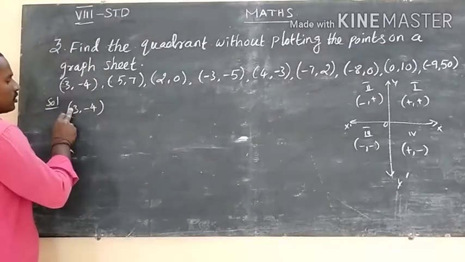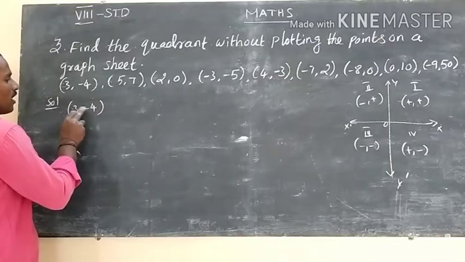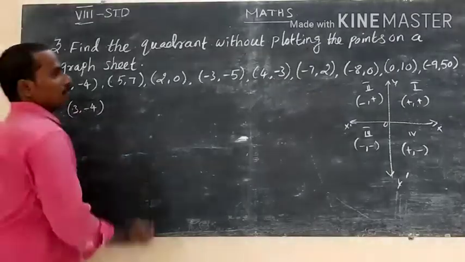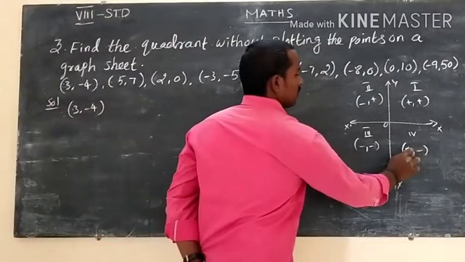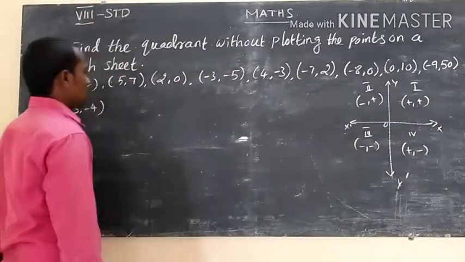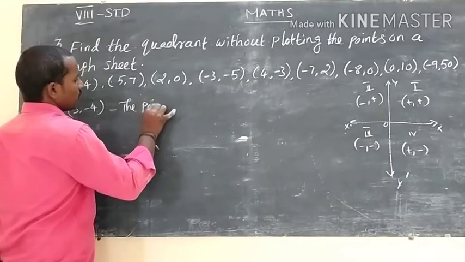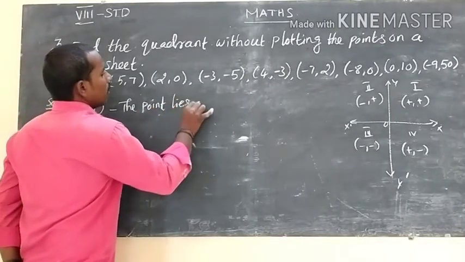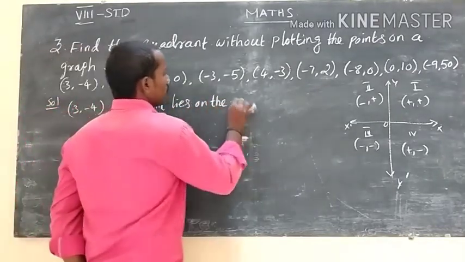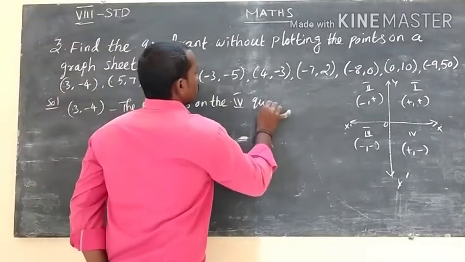Plus comma minus lies in the fourth quadrant. The point lies in the fourth quadrant.